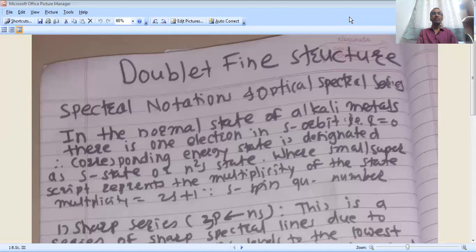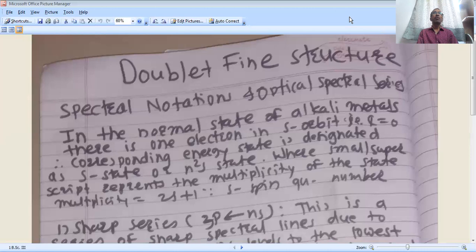What happens in the case of the alkali metals? For example, sodium. There are 11 electrons. In the alkali metals, there is a single electron in the last orbit, that means the last shell. In sodium, the total number of electrons is 11. The first shell, K shell, is filled. The second shell, L shell, is filled.